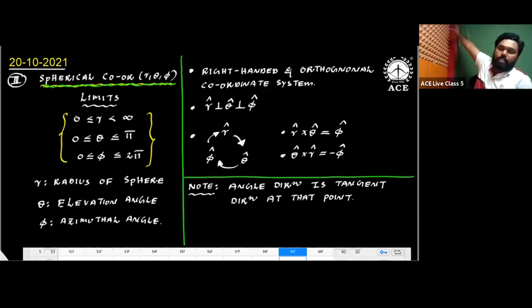Suppose I want to see a star from here to here, somewhere here. Can you see my hand? Here to here. So what I'll do, my head is like this. I'll fix the theta, but I'm going to change the phi. Yes or not? But I'll not do like this.